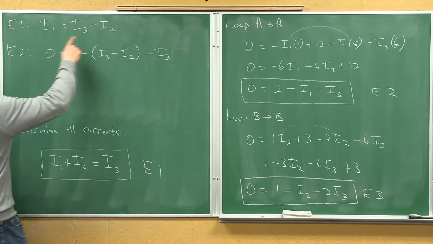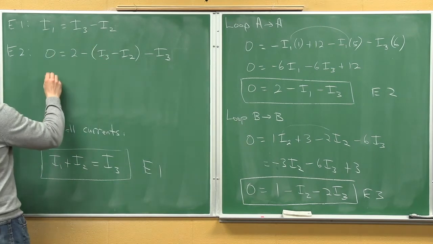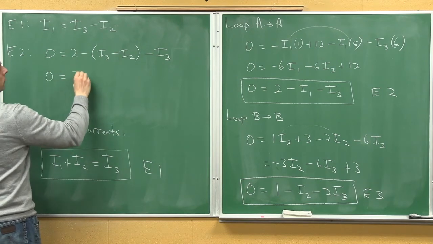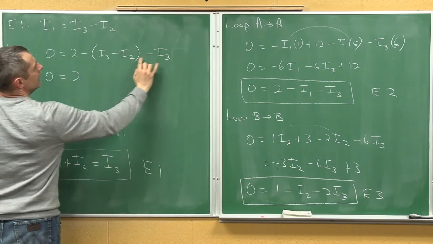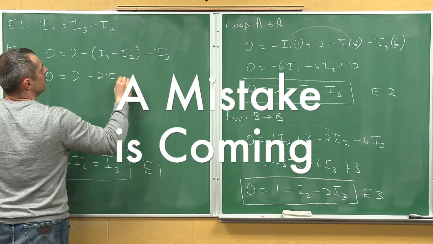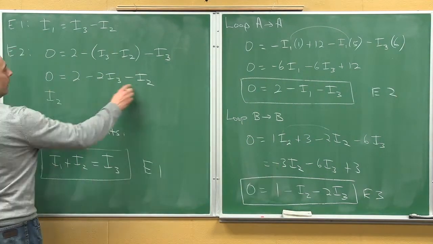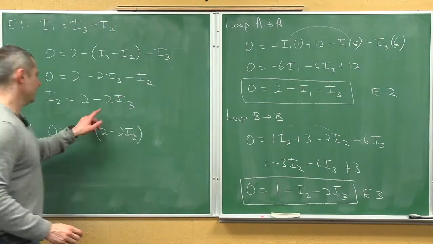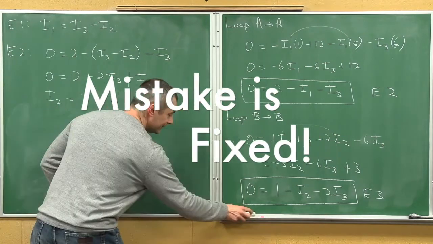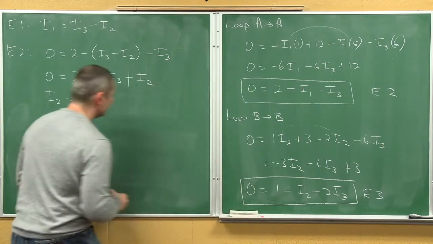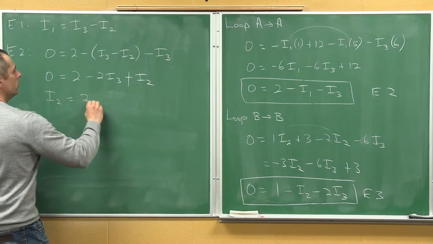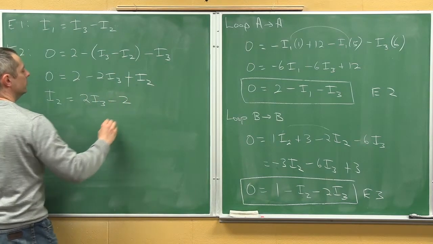So when I get rid of the parentheses, what I have is 2 still here, and then minus I3 and minus I3, or minus 2I3. Okay, so I2 will be this, 2I3 minus 2.